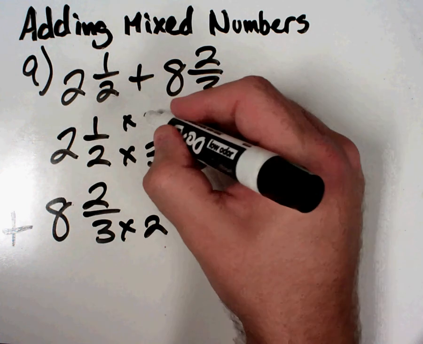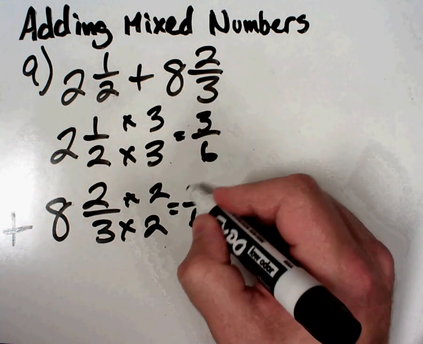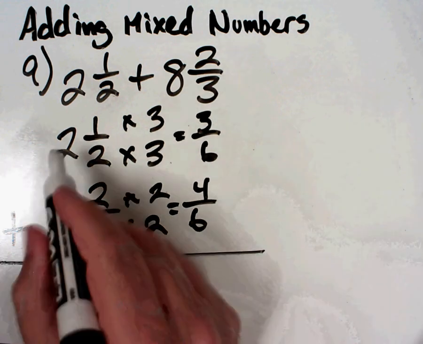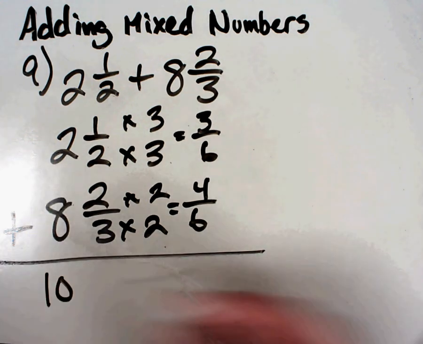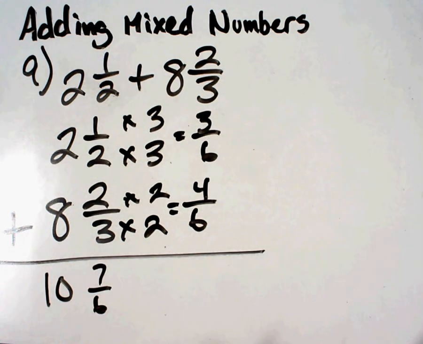Whatever I do to the denominator, I must also do to the numerator. 2 plus 8 gives me 10. 3/6 plus 4/6 gives me 7/6. So once again, I'm left with an improper fraction.